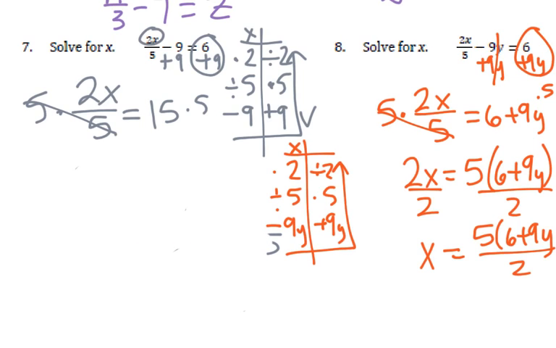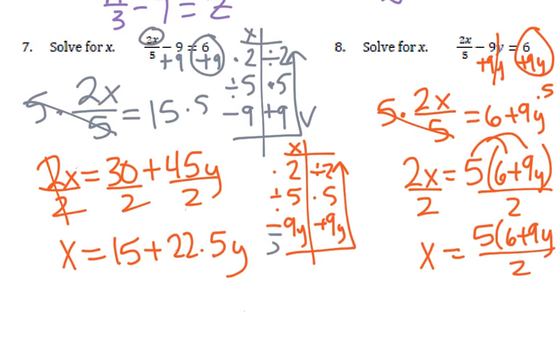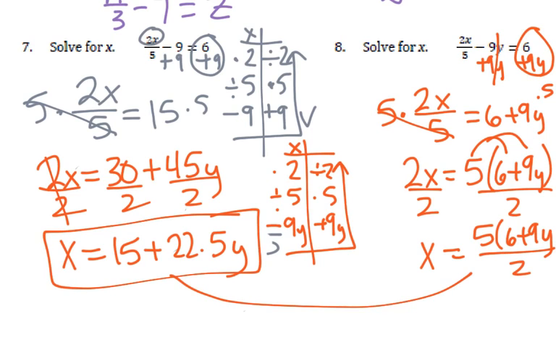I know that 5 times 6 is 30, and 5 times 9 is 45. So I could simplify it this way. Then if I divide everything by 2, I could get x equals 15 plus 45 divided by 2 would be 22.5y. This would be the same thing as this. Okay? You can do it both ways on that one.